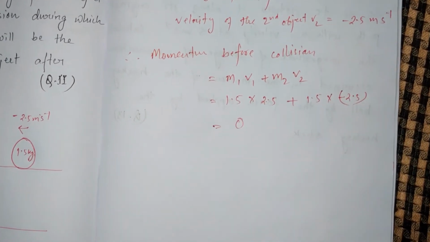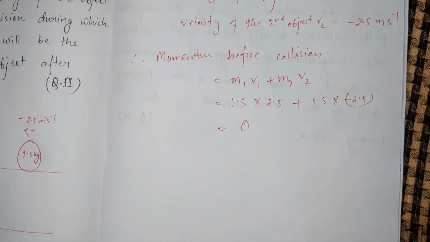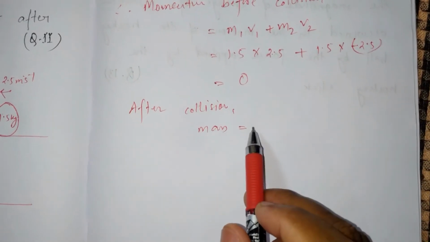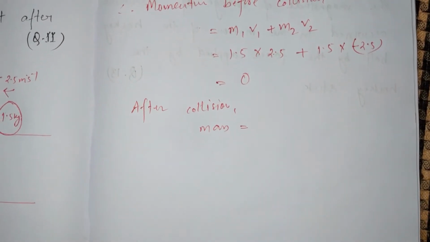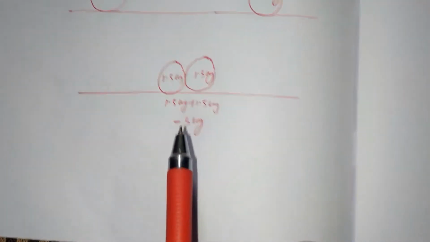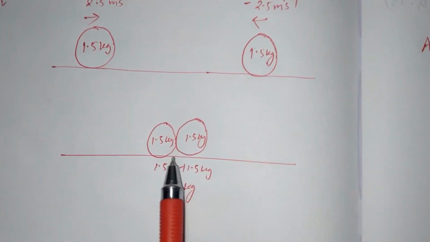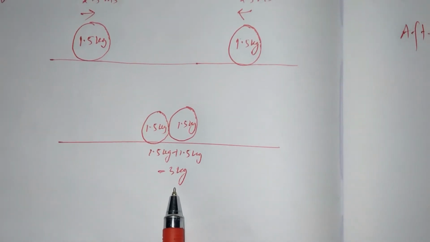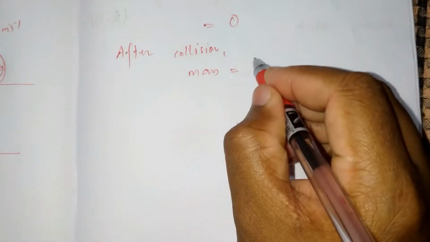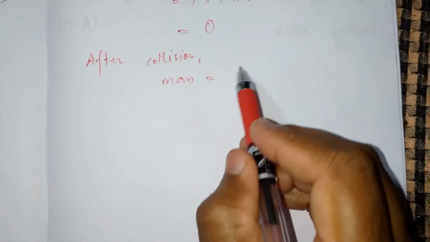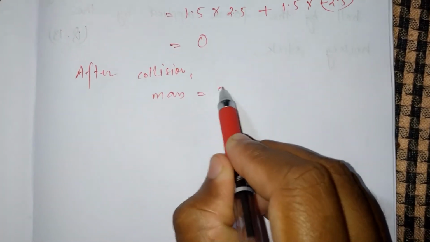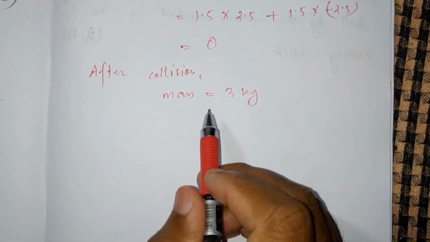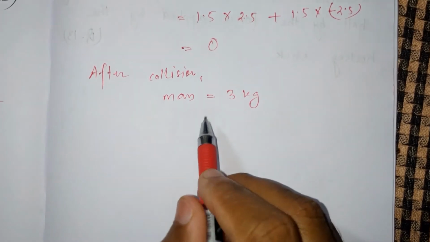So let's see how we'll find the momentum after. After collision, both the objects are combined, as you can see in the question. In this diagram, both the objects are combined. So what will be the mass here? 3 kg. Okay, so we'll write after collision mass equal to 3 kg. Then we have velocity.